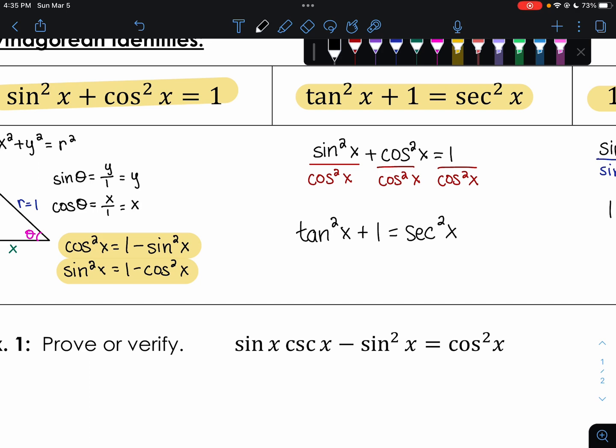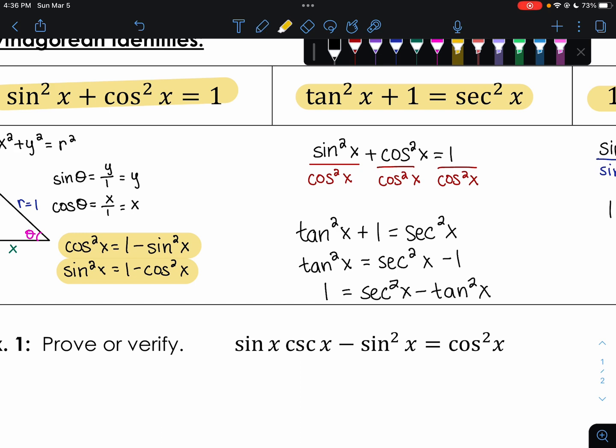So if I see tangent squared x, I need to know that that is equal to secant squared x minus 1. Or let me rewrite that: 1 is equal to secant squared x minus tangent squared x.